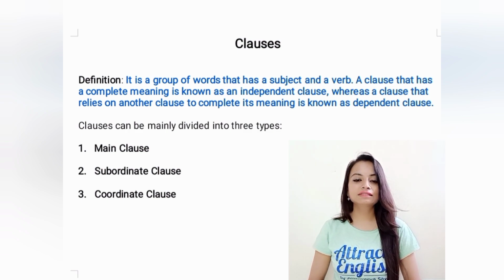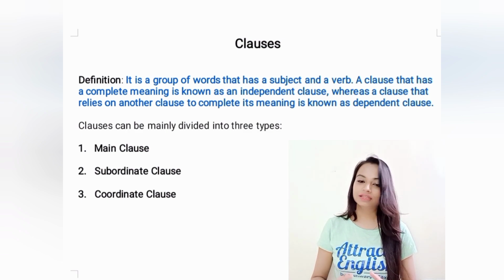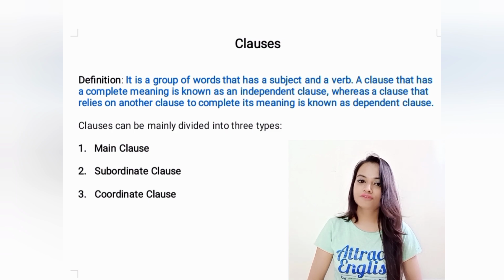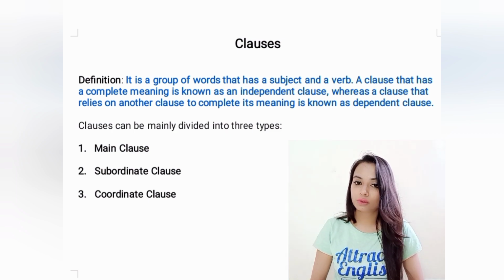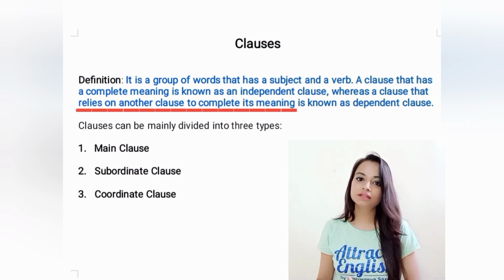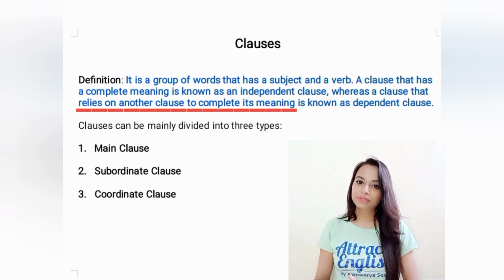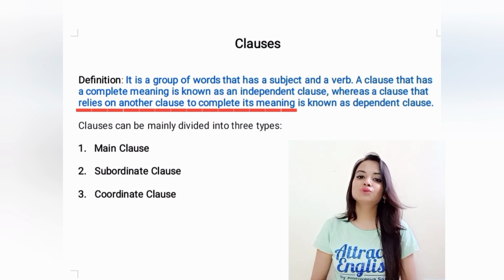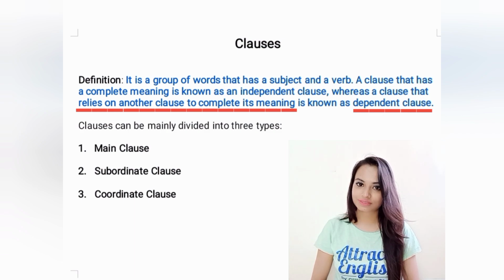And in case that combination is not capable of completing its meaning alone, or it relies on another set of words to complete its meaning, then it is known as a dependent clause.